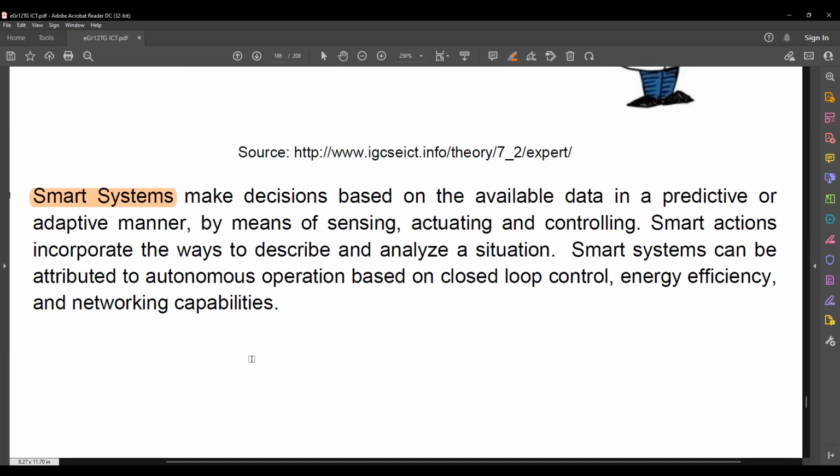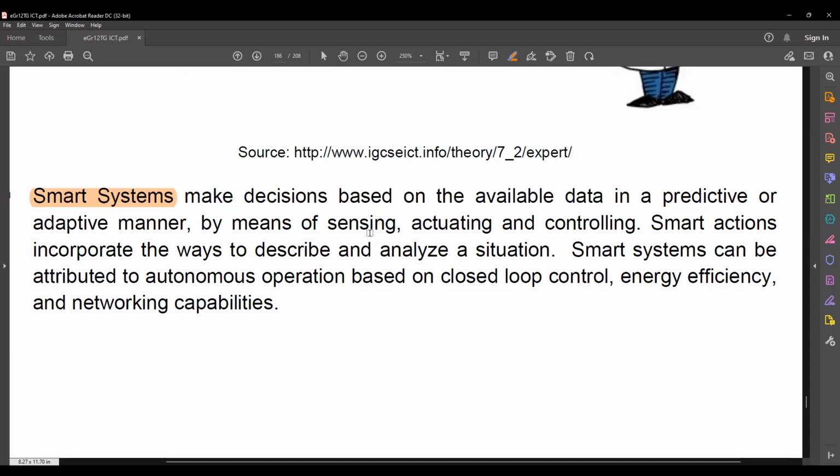Even in mobiles, we have sensors, isn't it? In a mobile, it can detect where we are and the speed we are going, right? So likewise, based on the data available, and also depending on the situation, it makes some decisions, right? So the term sensing here means you sense something.